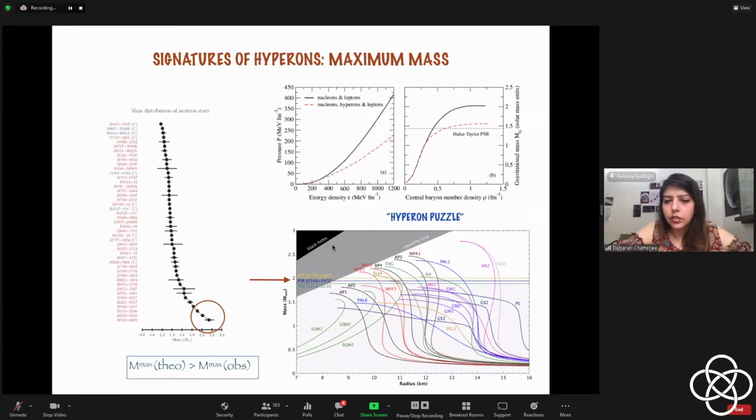Like the same question, if we have a higher radius object, we are allowed to have a neutron star in the mass gap. You can see here there is a vast range of radii, although right now many of these radii are ruled out because of several constraints. I did not talk about it here today. A lot of radius constraints are coming from tidal deformability.